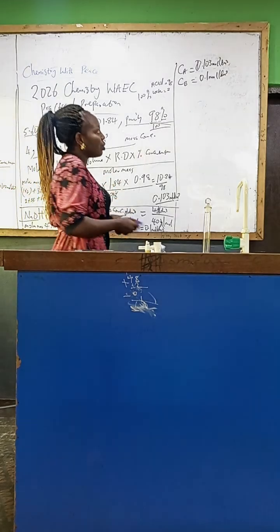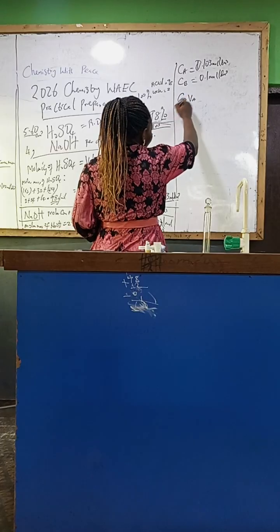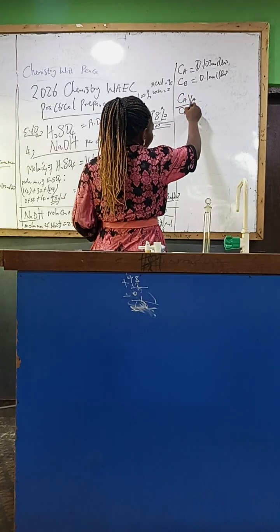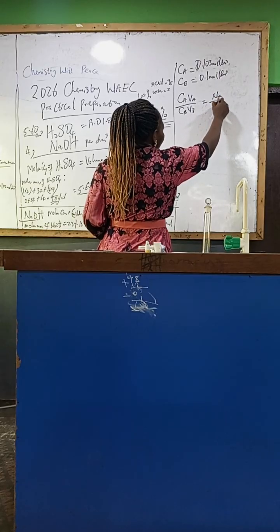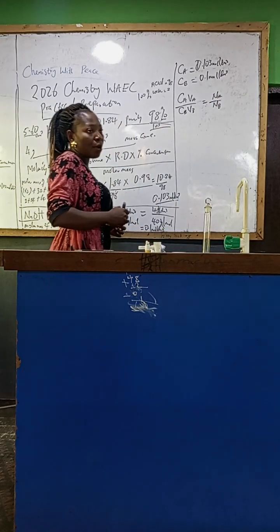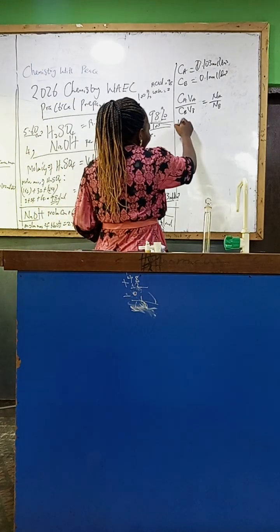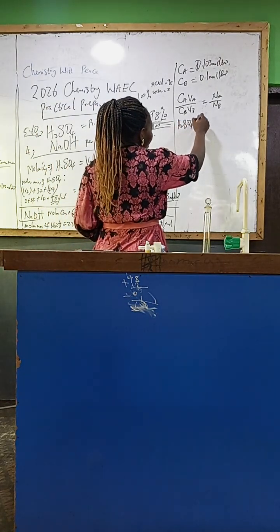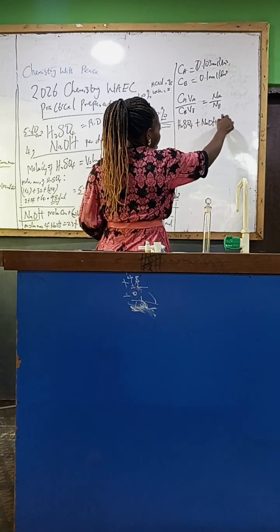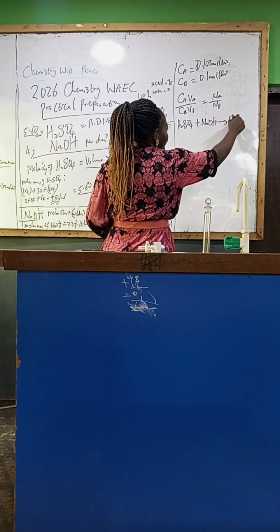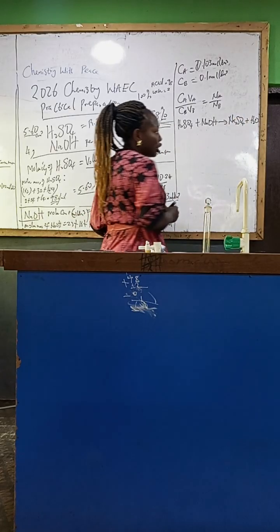At this point, we are going to use the formula CAVA over CBVB equal to Na over Nb. We are going to write the chemical equation for that reaction: H2SO4 reacting with sodium hydroxide to get Na2SO4 plus H2O.